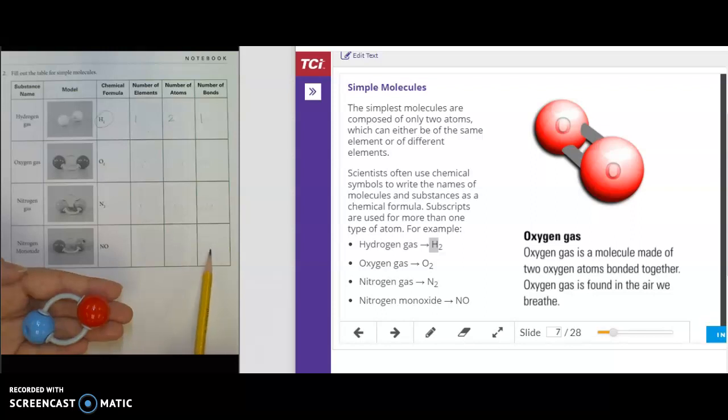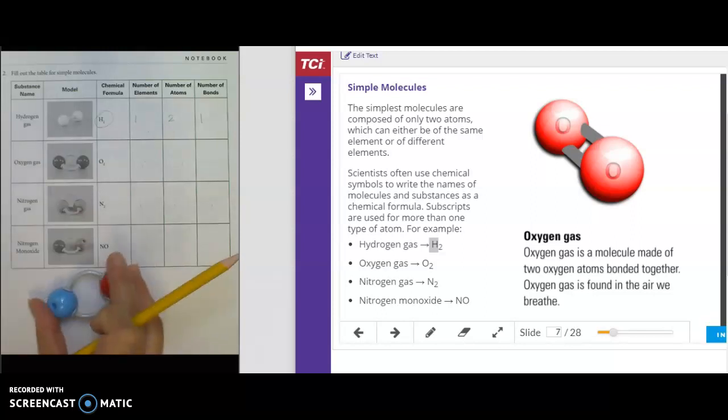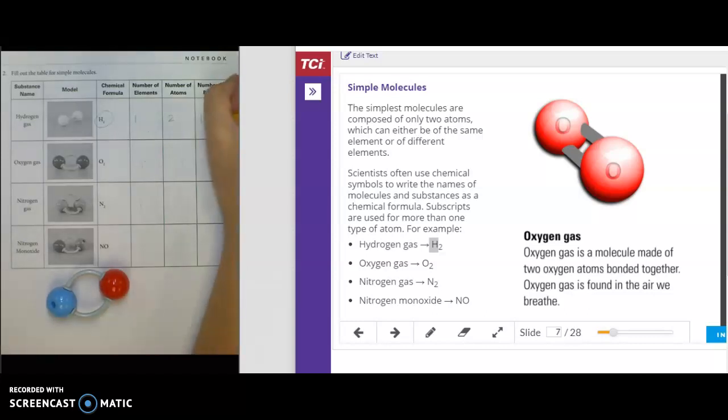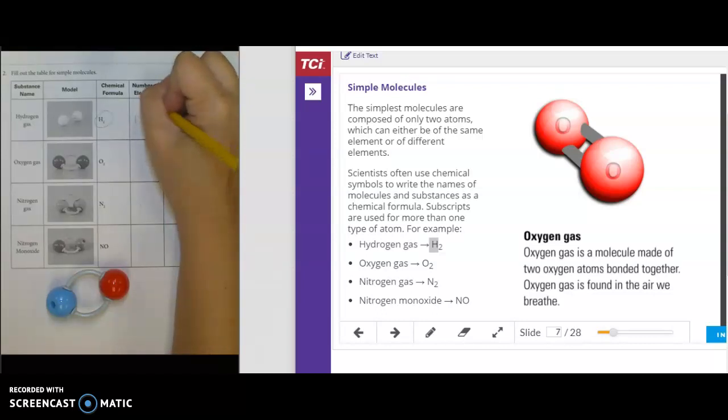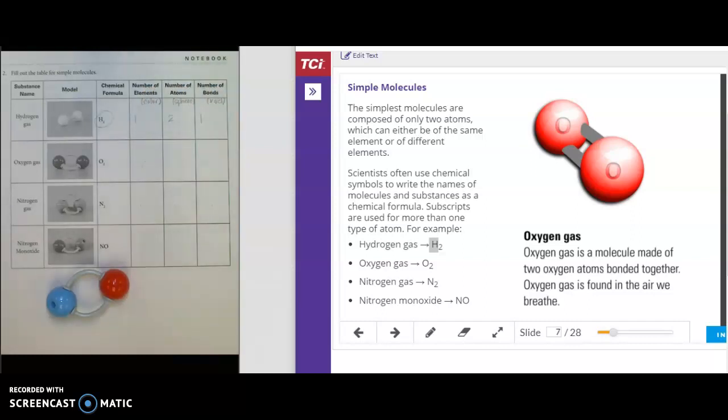And then count your bonds. How many sticks or rods do you see in this? I'm going to write this up here. Okay. And when you're finished, your entire chart on page 23 should be completed.